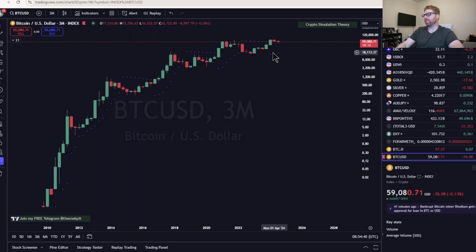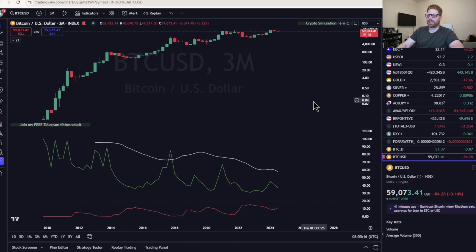This is almost like a straight line. So we haven't really seen any parabolic action on the quarterly, which doesn't mean that it's not coming again, but it certainly seems probable. It seems probable that this would potentially head up, but I need to find evidence to support that thesis. So for now, this is just kind of bullish, but a little bit neutral.